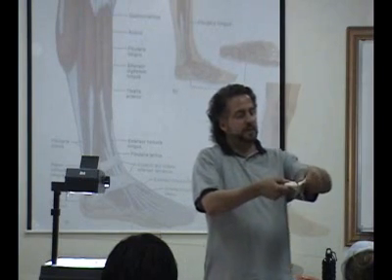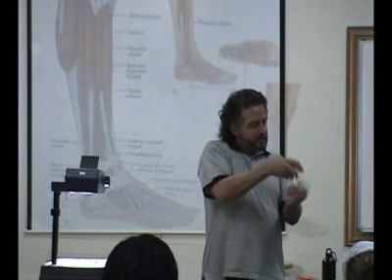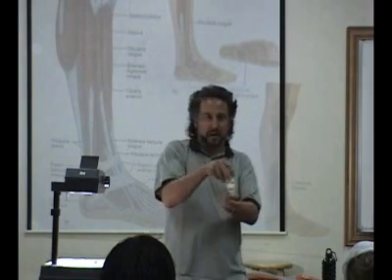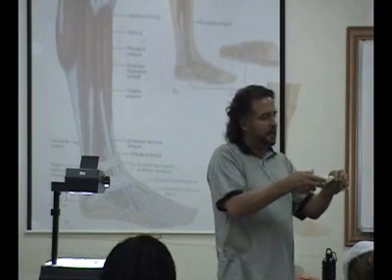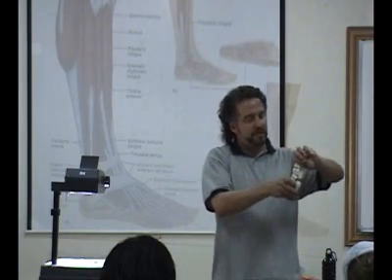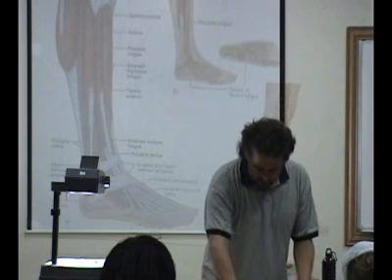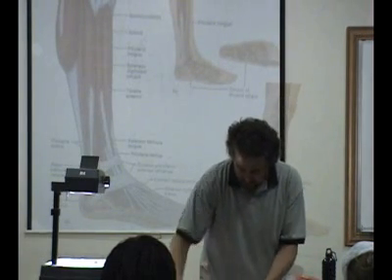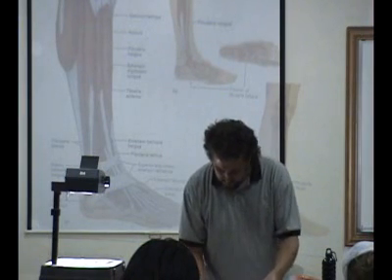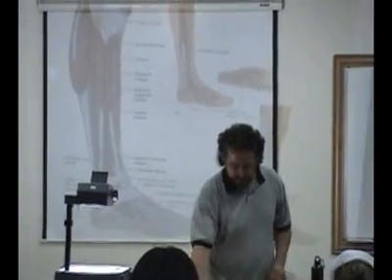Flexion, extension. Okay. So if this is flexion of the toes, then what we call plantar flexion is actually true flexion of the ankle. But to clarify, plantar flexion is to point the toes. Dorsiflexion is coming up like that. I'll talk about it more when we get into the foot.